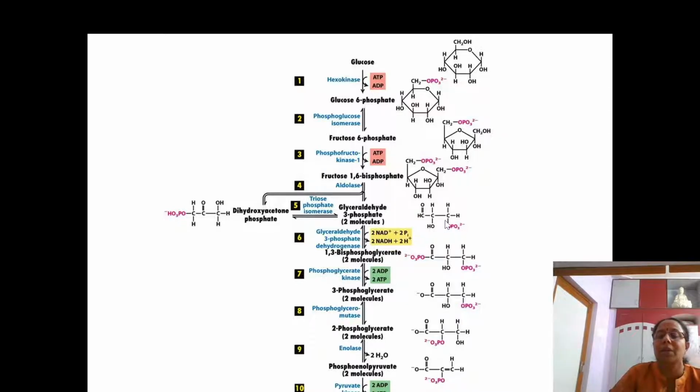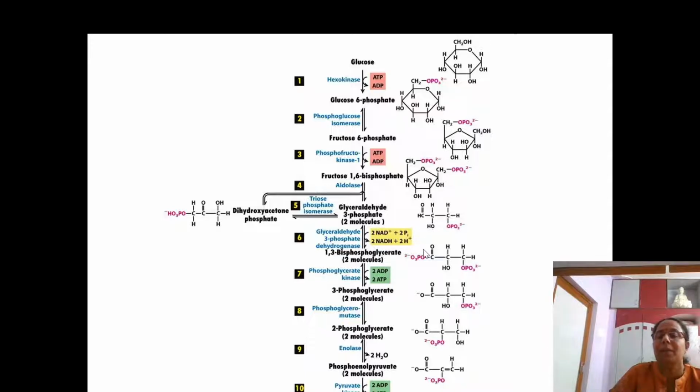See, start numbering from here. This is the first carbon atom according to the IUPAC name, the functional group: 1, 2, 3. So this is glyceraldehyde 3-phosphate. This is converted into 1,3 bisphosphoglycerate.